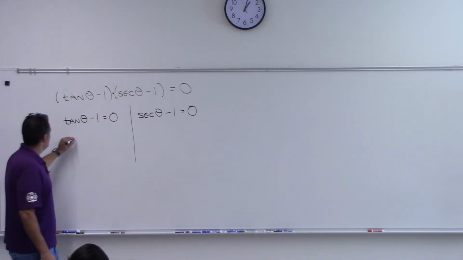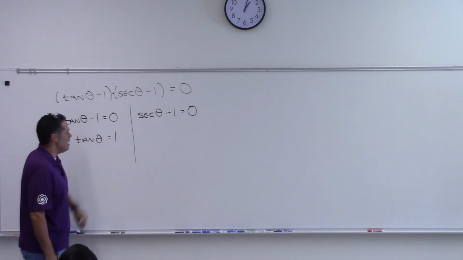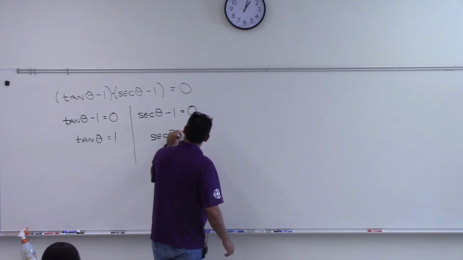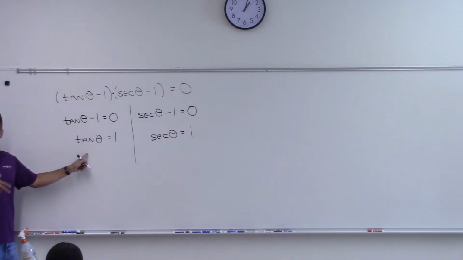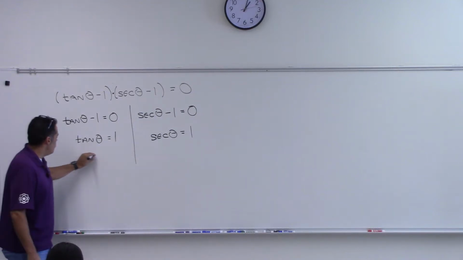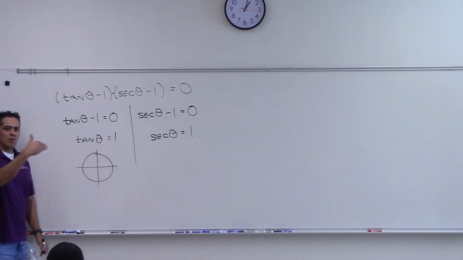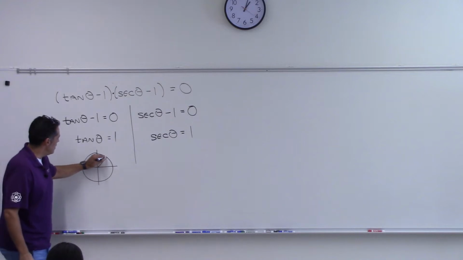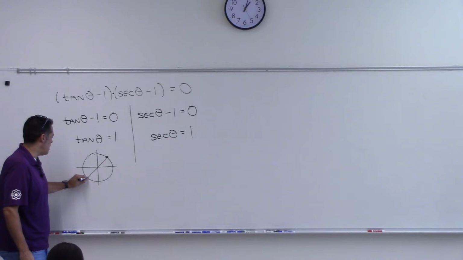Let's isolate tangent theta. Add 1 to both sides. Tangent theta is 1, and secant theta is 1. Tangent theta being 1 should be familiar: at what angles is the y-coordinate divided by the x-coordinate equal to 1? That's at pi over 4 and directly across at 5 pi over 4.